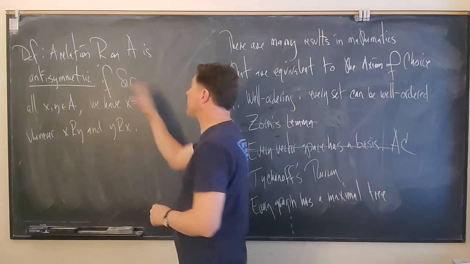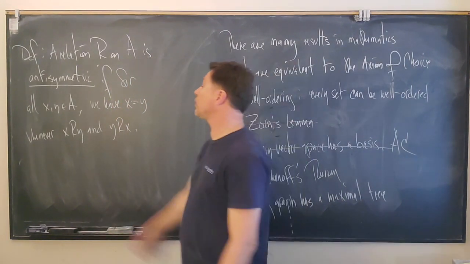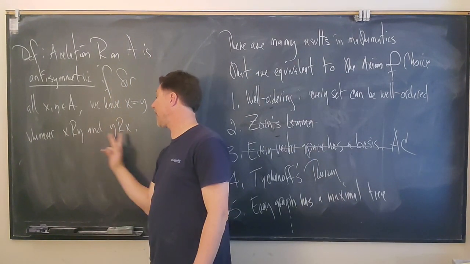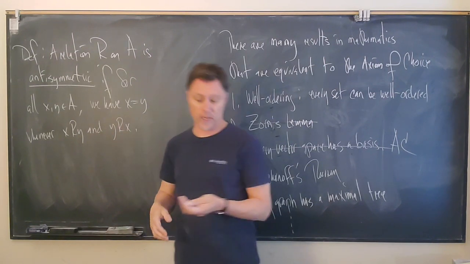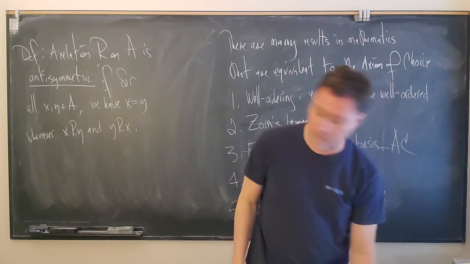So any relation that has this property, that whenever you happen to know that X is related to Y and Y is related to X, it forces you to conclude that X equals Y, then we say that relation is antisymmetric.